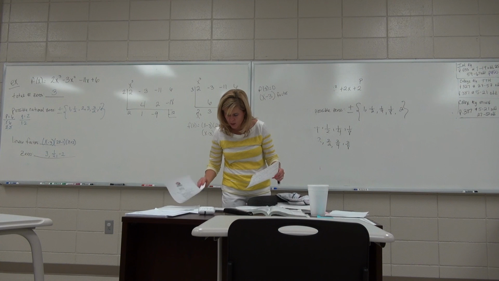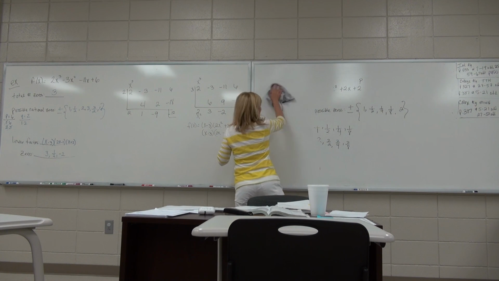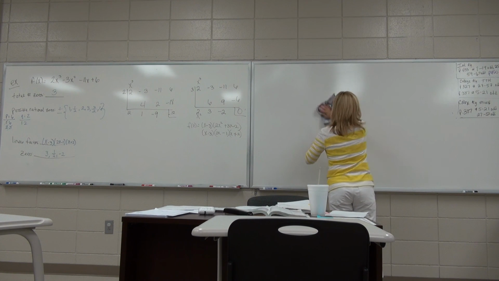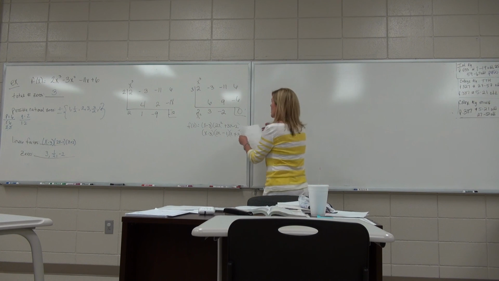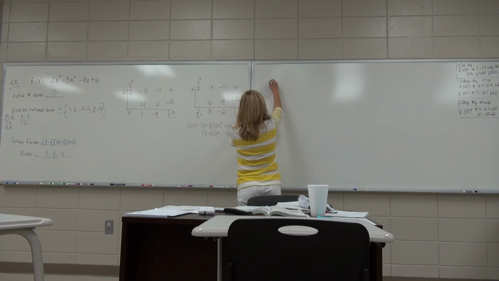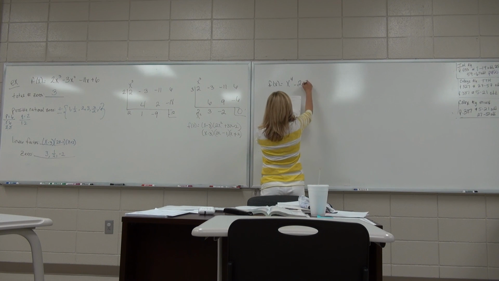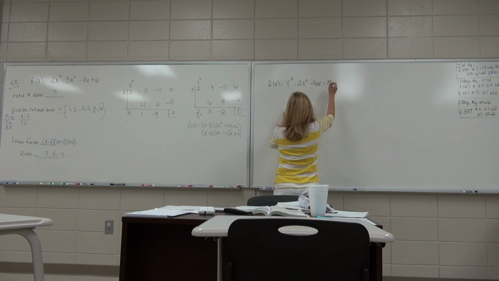When your leading coefficient is 1, it's going to make the problem super easy, because that means all the denominators are going to have to just be 1, right? So for this next example, let's say we're given f of x is equal to x to the 4th minus 2x squared minus 16x minus 15.